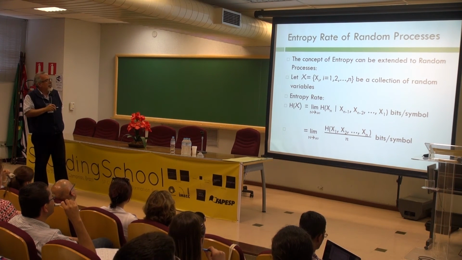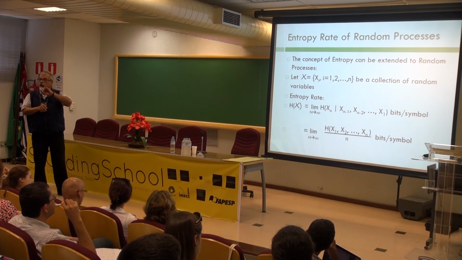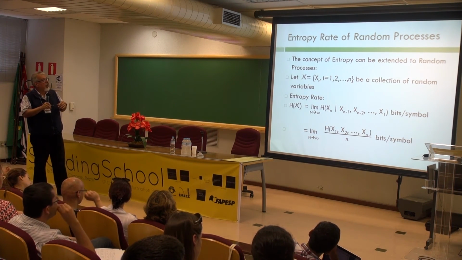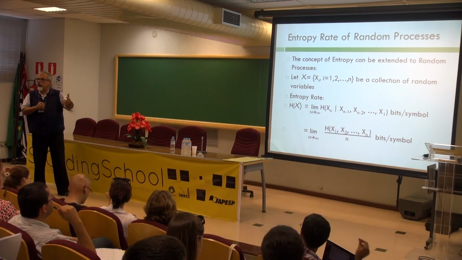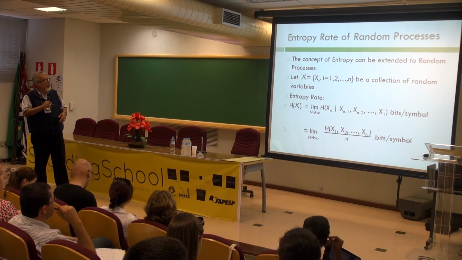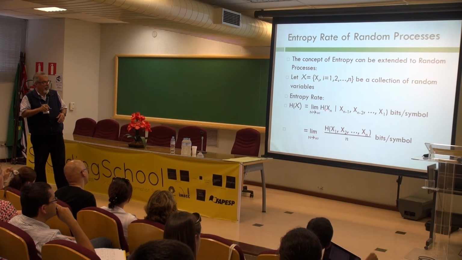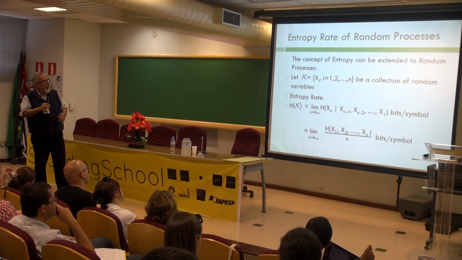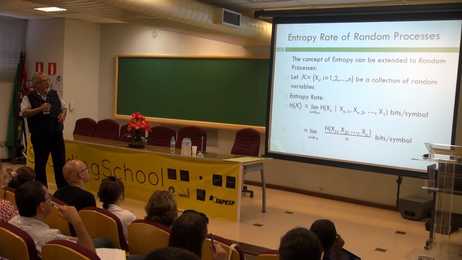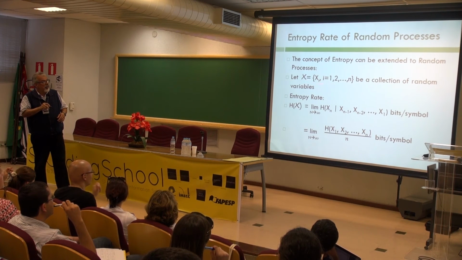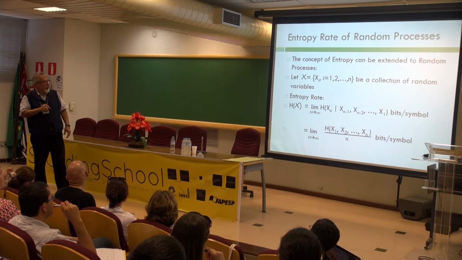The concept of entropy that we saw for random variables can be extended to random processes. And then we can talk about the entropy rate of a process. Usually these definitions, and it's not trivial to show that they are essentially the same, but it's true. If we have a collection of random variables, notice that now they don't have to be independent or identically distributed. They are indexed here with their particular distribution.